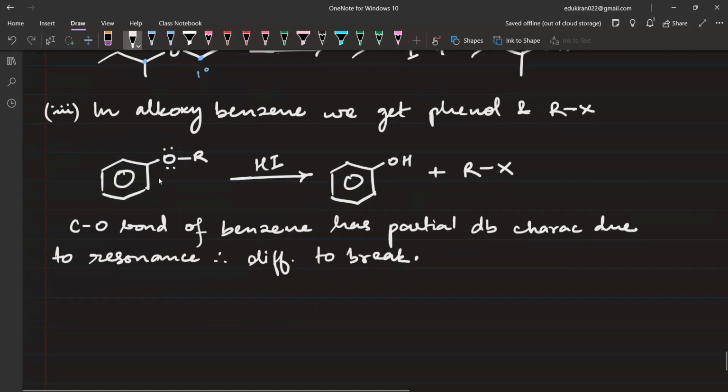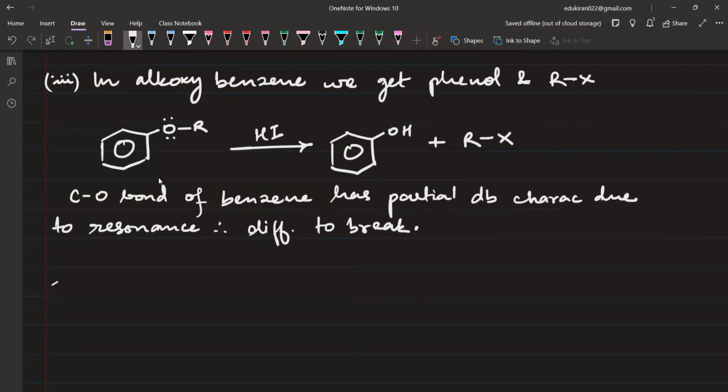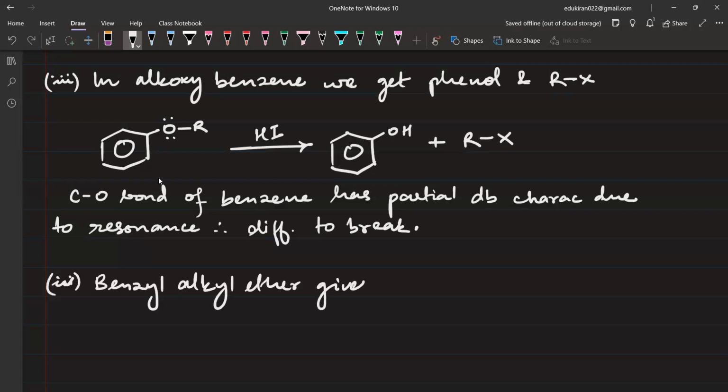ठीक है, फोर्थ is benzyl alkyl ether. Benzyl alkyl ether gives benzyl halide and alcohol. ठीक है, so what is benzyl?